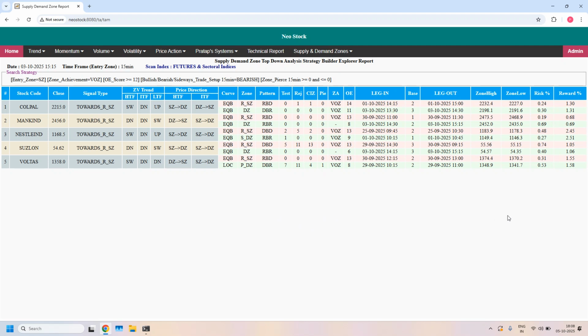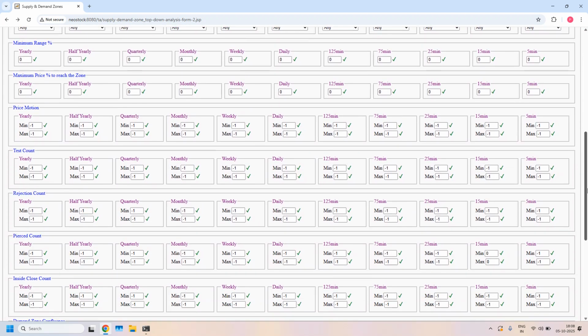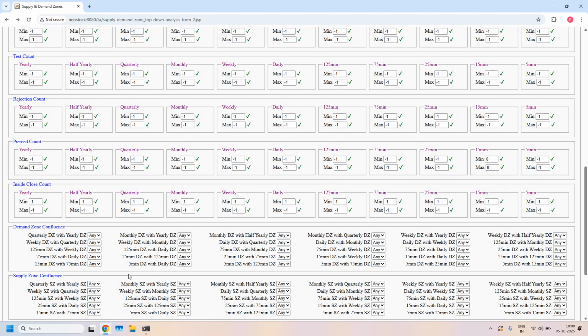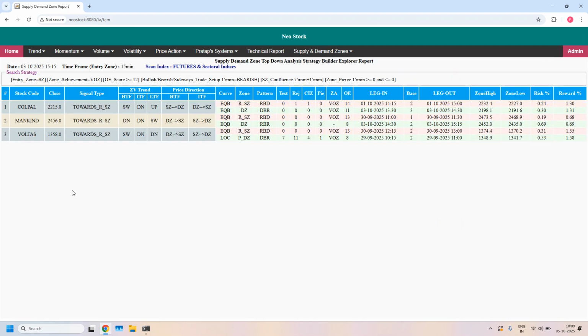That we will filter based on different zone confluence and EMA confluence strategies that we learned in lesson 27. First filter is LTF and ITF supply zone confluence. That is 15 minutes and 75 minutes supply zone confluence. Applying this filter, we got 3 stocks. In these 3 stocks, these 15-minute supply zones are overlapped with the 75-minute supply zone.